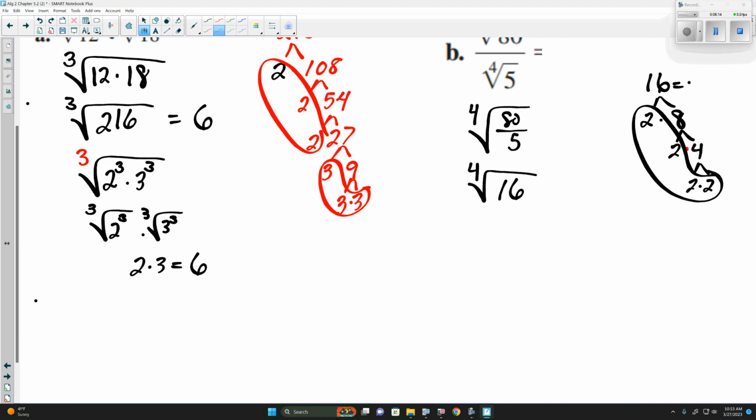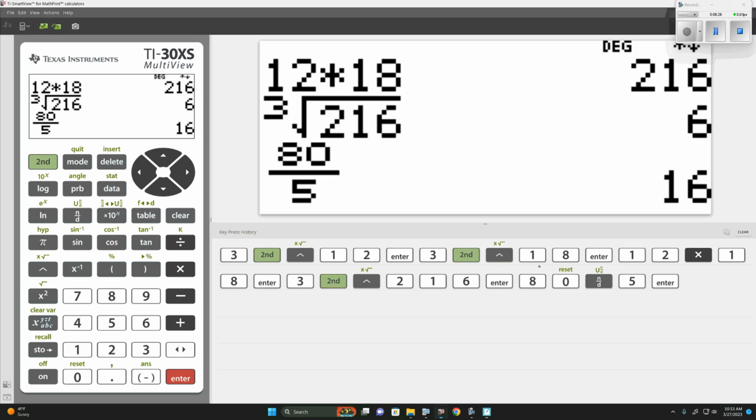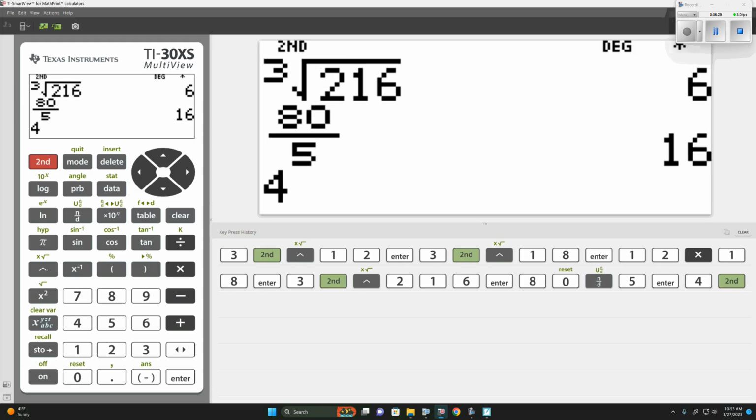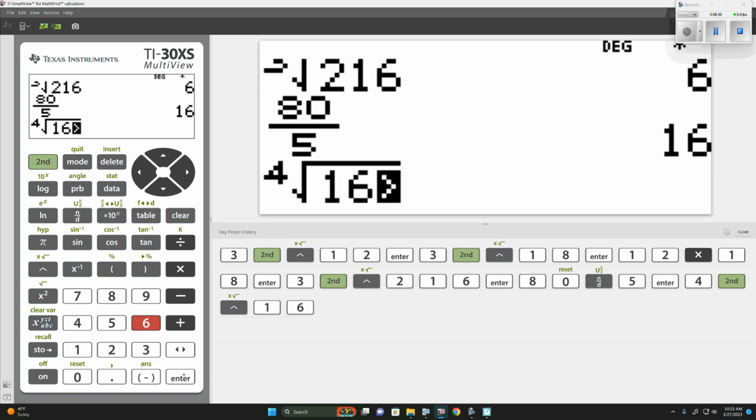So 16 is the same as 2 to the fourth. So the fourth root of 2 to the fourth is 2. In the calculator, we could have done the fourth root of 16 and gotten 2. Any questions on any of this here?